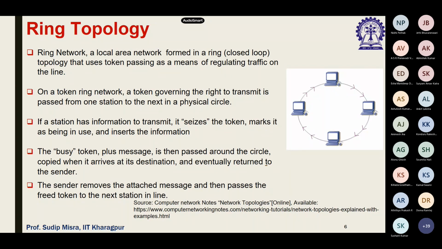Two of these fields will tell you the beginning of the frame and the end of the frame. These are the delimiters. So the beginning and the end of the frame you can understand from these two fields of the frame.